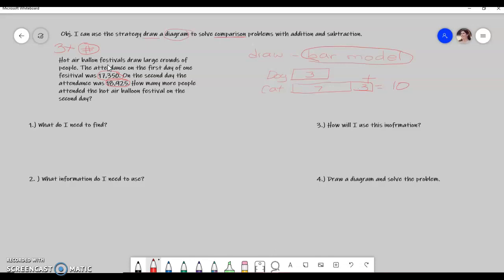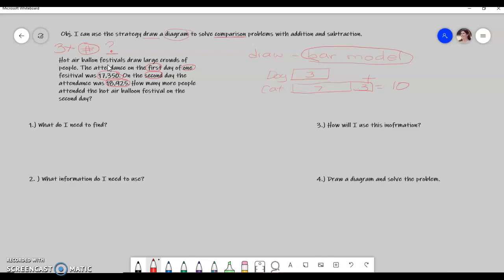Oh, I almost missed something. Even if the numbers are words, we also need to circle those. So first, 1 second, because sometimes our numbers are written in word form. Okay, and then on the last read, we need to underline the question.